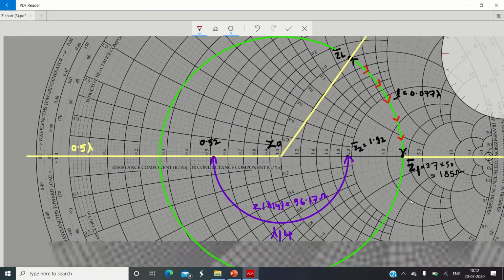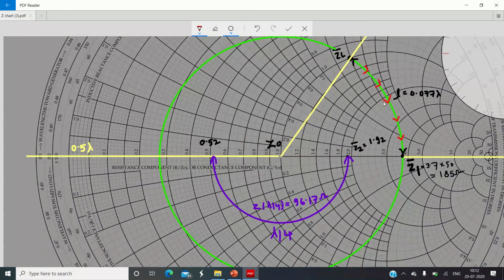Then we found the length of the required transmission line by subtracting the WTG value at ZL bar from 0.25 lambda, and we found that the length is around 0.0177 lambda. That is the length of the transmission line required to convert complex load impedance into real load impedance. Thereafter, we calculated the real impedance at that point.